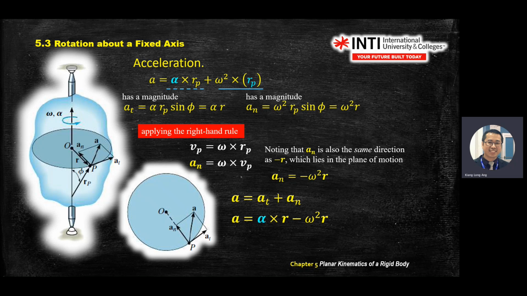So don't confuse when you write angular acceleration equal to alpha cross r minus omega square r. There's a minus there, and this one in particles is positive, but it's angular, it becomes negative already.